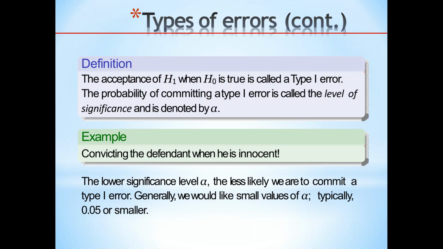This type of error, that is type 1 error, is also known as the level of significance, and it's generally denoted by alpha. Now, to commit fewer errors in our testing, we always want our value of alpha to be less than or equal to 0.05.